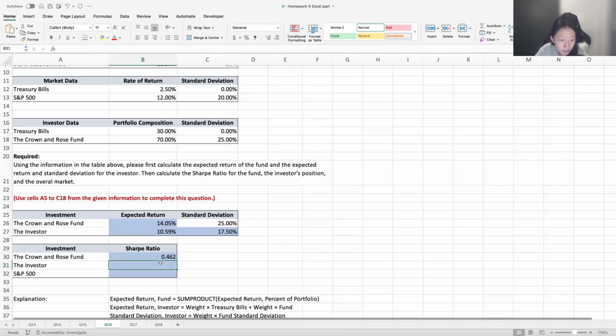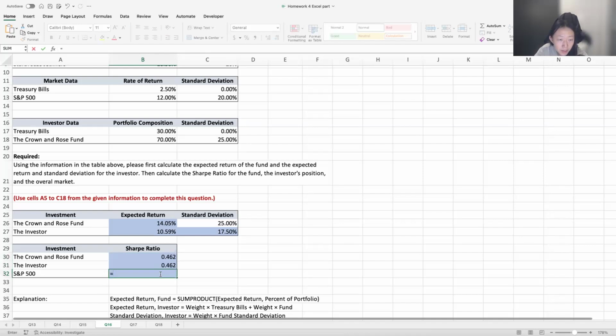Next is the same: we find the investors' total return minus the risk-free rate divided by the standard deviation. Changing the format of the cell, if you calculate correctly, these two numbers should be the same.